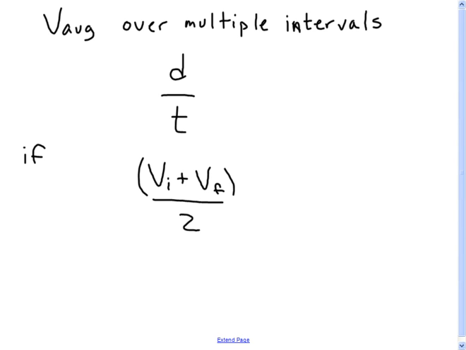It has to get from one speed to the other in a particular way for that equation to work. Uniform acceleration. Now, if you have uniform acceleration, that works.